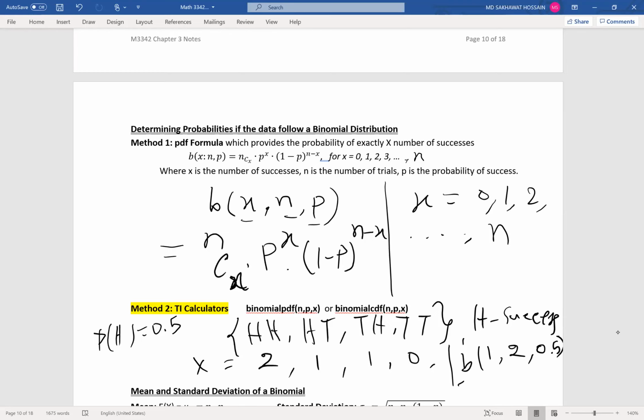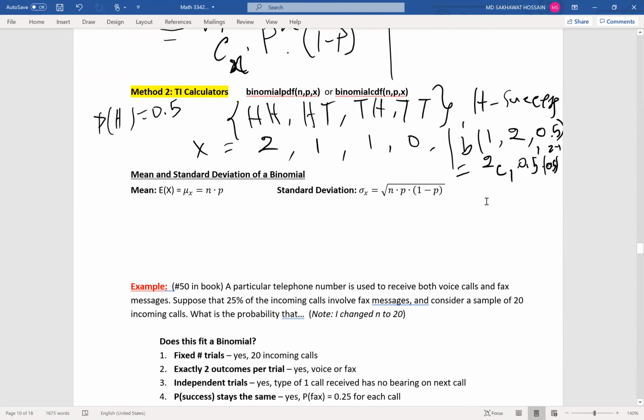Then this formula will be, N is 2, so 2C1, times 0.5 to the power 1, times 1 minus 0.5, which is also 0.5, to the power N minus X, that means 2 minus 1. We'll go over more examples, so don't worry about this one.